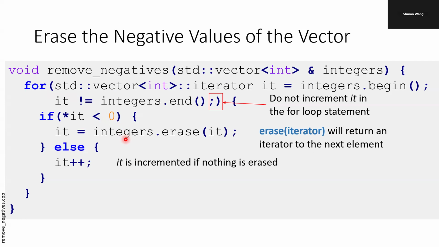Let's say you're erasing the first element. If you erase the first element, it will point to what was at the second element. But then when you do minus minus, you're going one before the first element, which doesn't make sense, right?